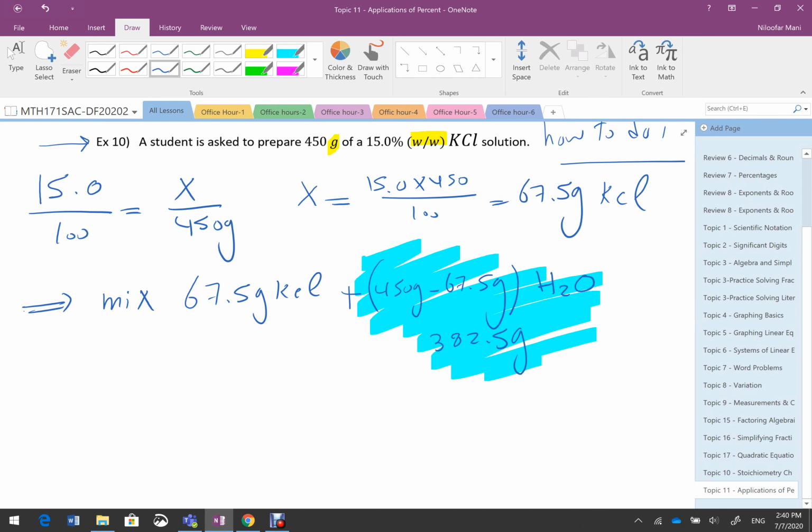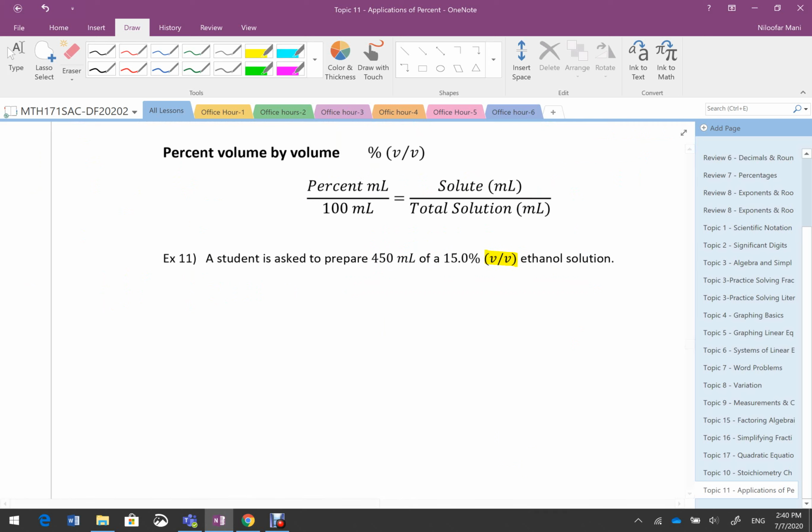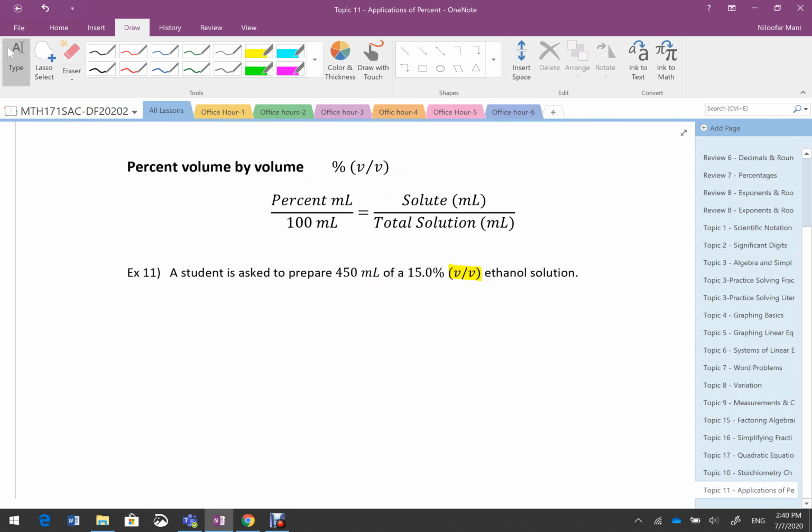Okay, so the next question, I can have V over V. So part is in volume, total is also volume. Okay, so a student is asked to prepare 450 milliliter 15% V by V ethanol solution. So how to do it? How does the student have to do this?